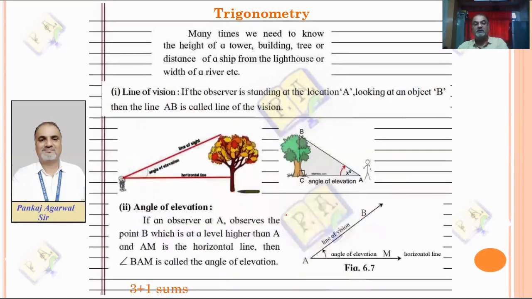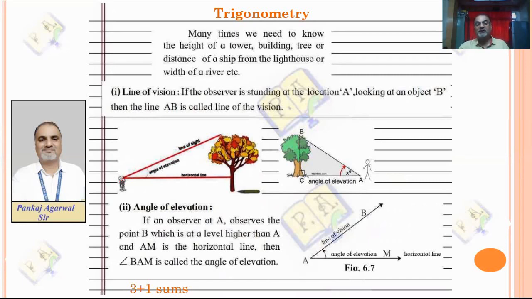Again, as a person is standing at A and observing the tree, if he is observing the top of the tree, then the line from the observer to the top of the tree is called the line of sight.